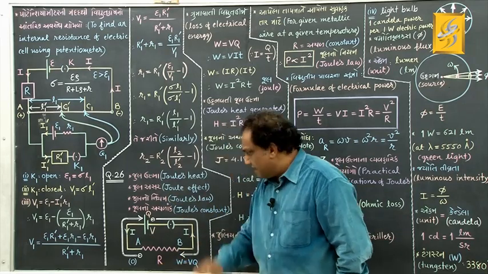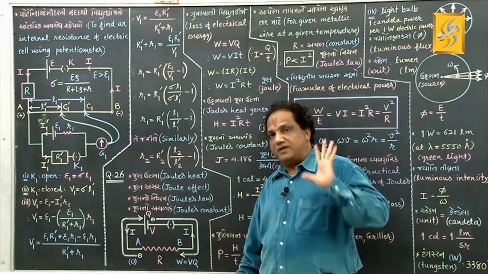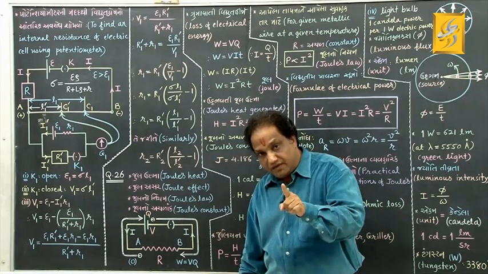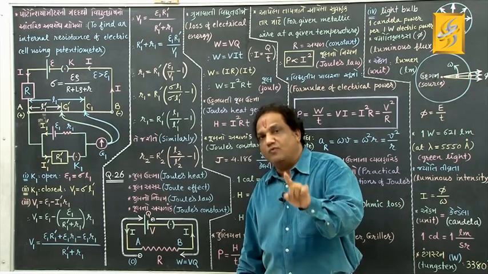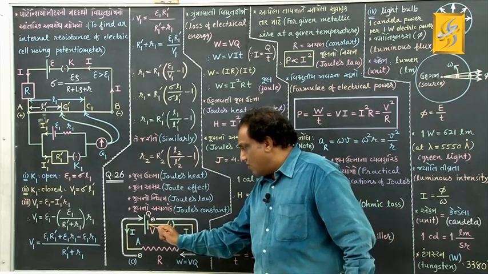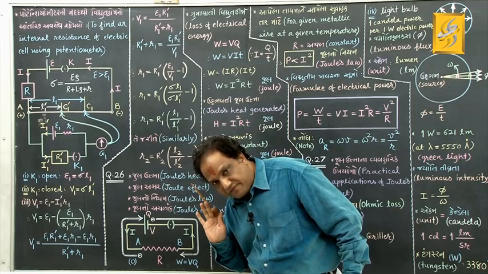Fine. Now tell me, what do you mean by terminal voltage of a battery? In very short, you can say it gives you the net amount of energy to 1 unit negative charge when it comes out of the negative terminal of the battery. Fine.